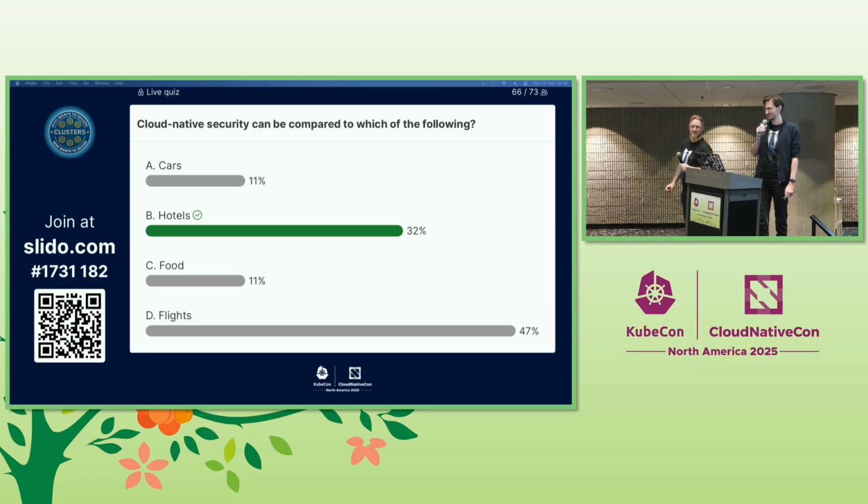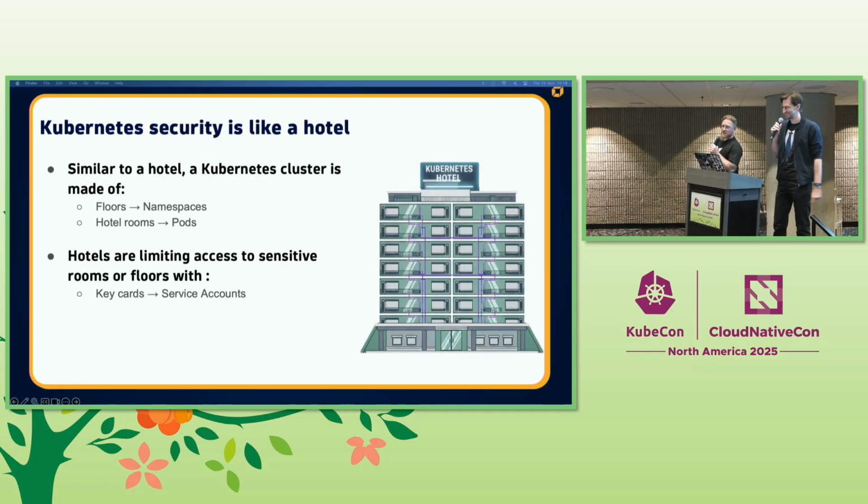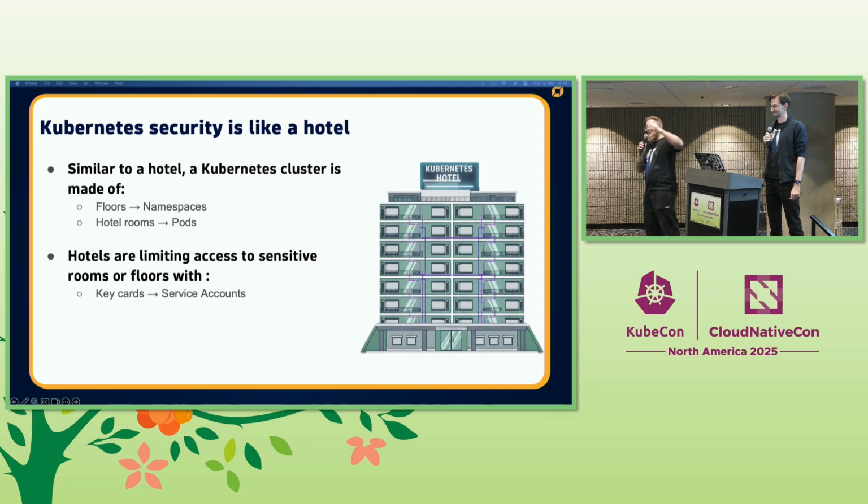Hotels. But why is that? If you remember, you arrived, you took your hotel, you have a nice room, secured. That's a bit like a pod. In your hotel room, you have the bathroom, which is another container. You have different services around your room.